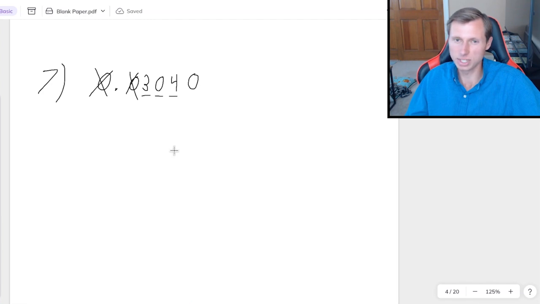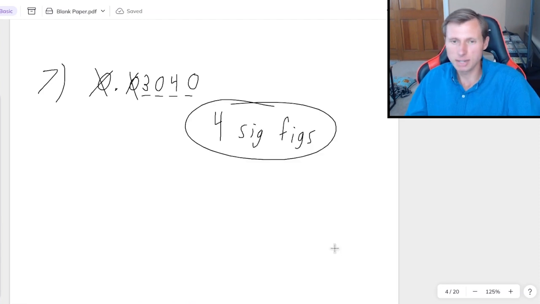You always count those zeros. But what about this 0 at the end? Do we count it? The answer is yes, because it is inside a decimal. If there was no decimal there, I would not count the 0, but there is. It's in a decimal. So that means 1, 2, 3, 4 sig figs. And that's all the examples I have for today in terms of this topic.